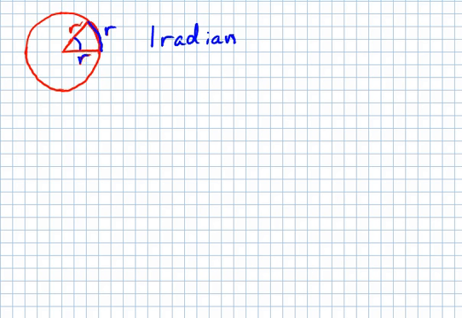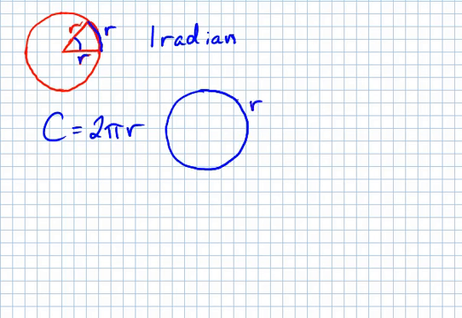Well, this relates to other things. You probably remember that the circumference of a circle is equal to 2 pi r. So if we think of r as not just the radius, but as an arc length of r, then there must be 2 pi of them all the way around the circle.